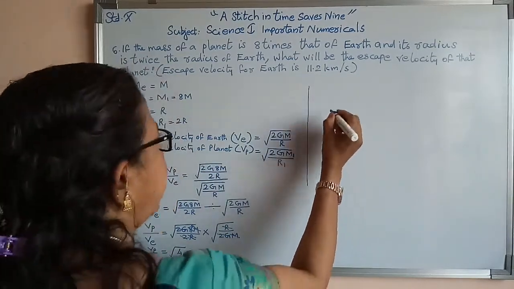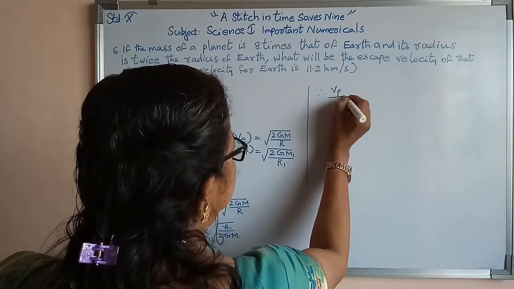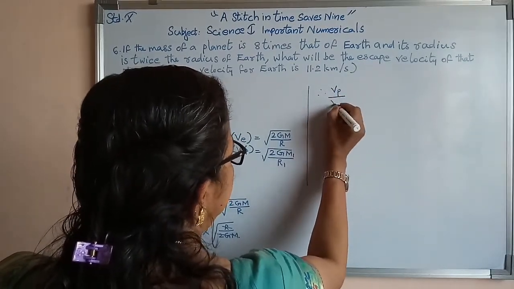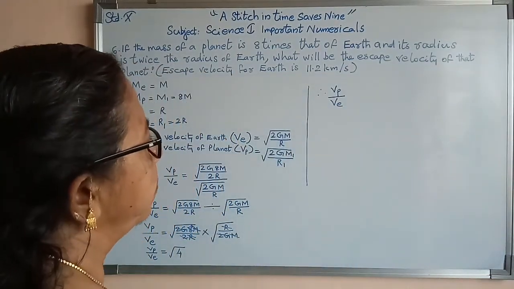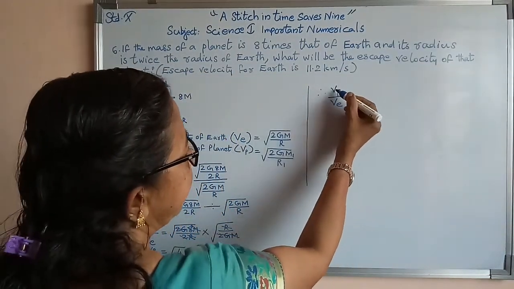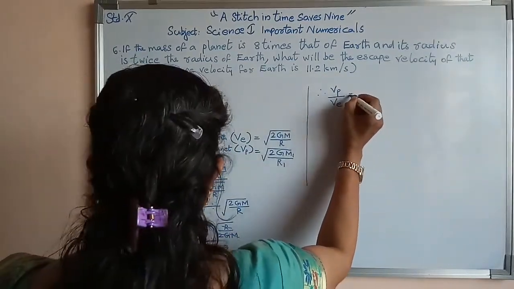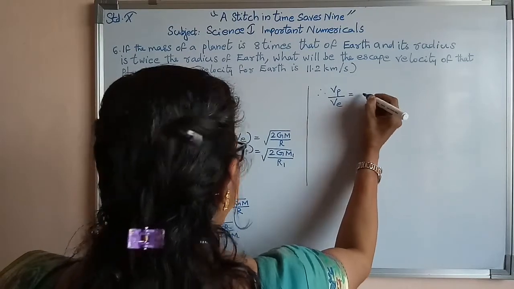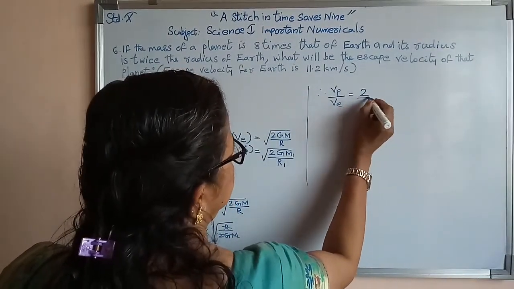Then here I am writing now, therefore Vp, the ratio of escape velocity of planet upon escape velocity of earth. So here the ratio of escape velocity of planet and earth is equal to the square root of 4. That means it will be 2.